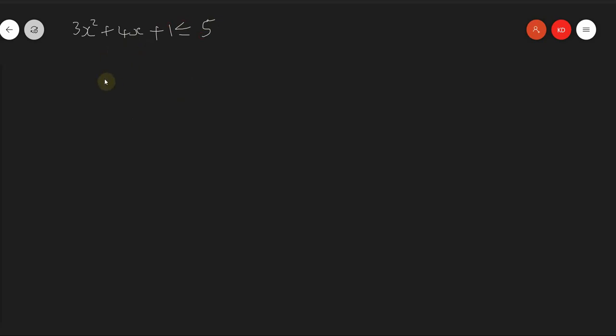So let's set everything less than or equal to 0. We bring over the 5, that would be a negative 4 less than or equal to 0.